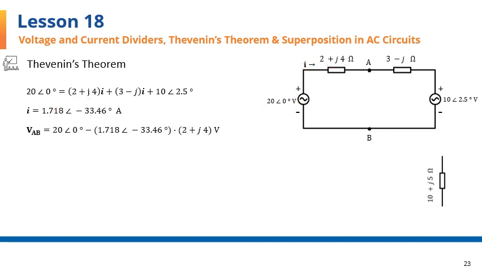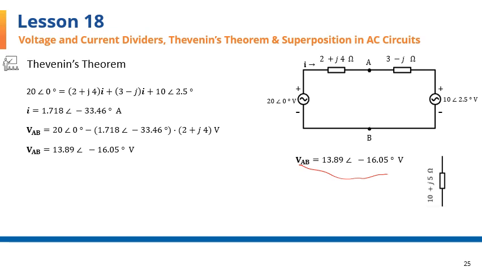And that's shown here. VAB equals 20 minus product of the current I times this impedance. I'll make a note of this voltage and move on to the next step. Here is that voltage that was just found.